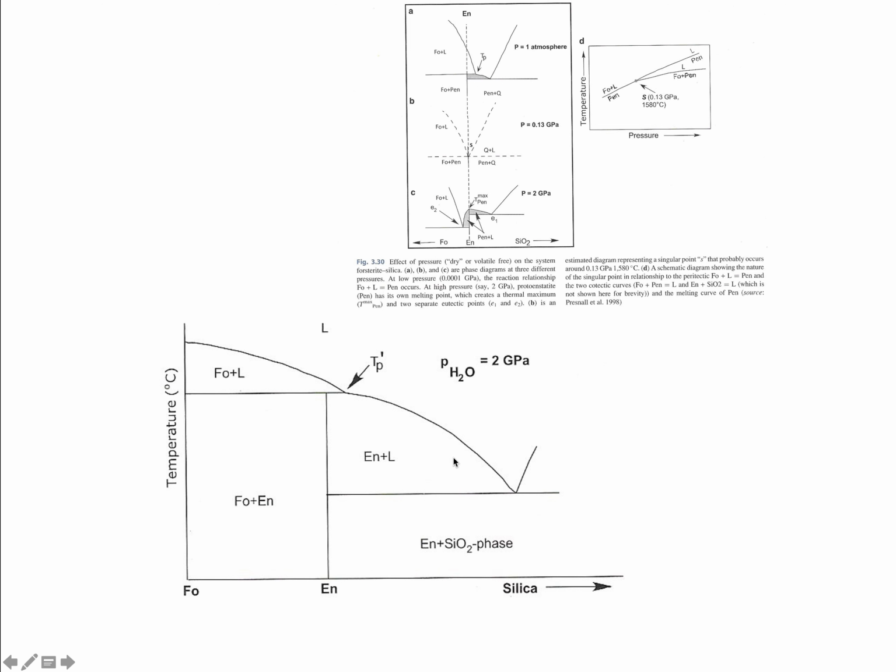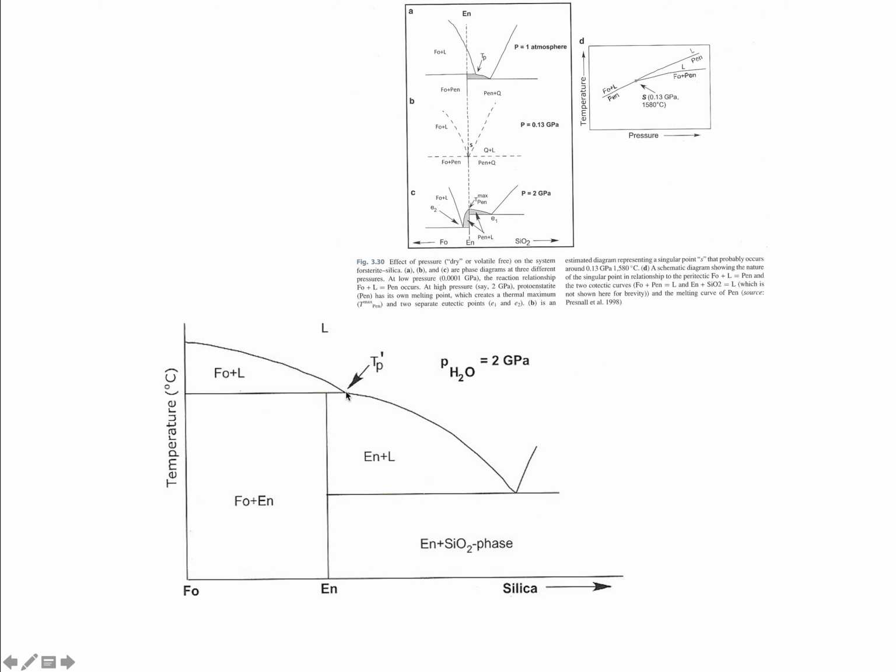So here we have this diagram in more detail at a water pressure of 2 gigapascal, and then we are lowering the system again. That was without water, showing the thermal boundary. Here eutectic point 1, here eutectic point 2. Now we are adding a water pressure to our system.